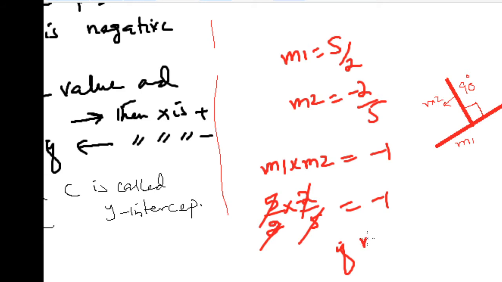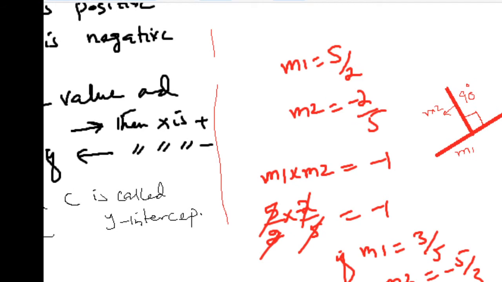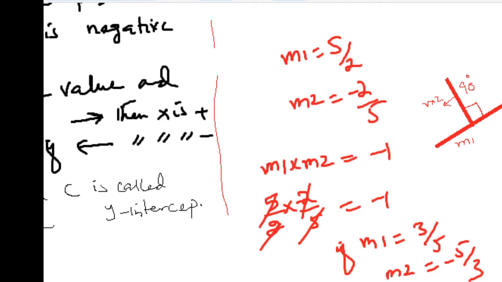Similarly, if m1 is 3 over 5, then m2 will be minus 5 over 3. If you multiply these two gradients, 3 over 5 with minus 5 over 3, they give you minus 1.